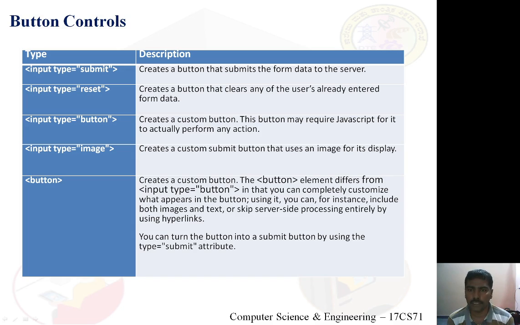For validation, it creates a custom button. This is not to send form data to the server. This button may require JavaScript to actually perform some action. This is simply a button. On clicking this button, some JavaScript may get executed at the client side itself.